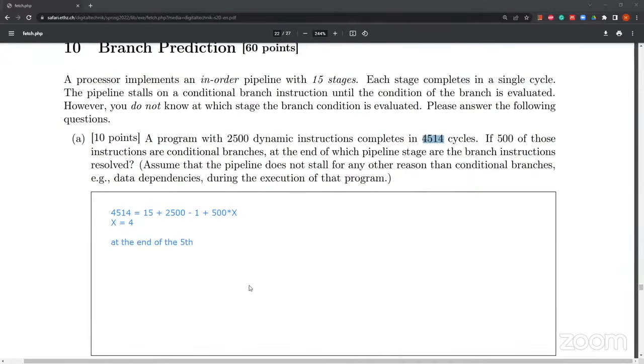So the easiest way to check whether it should be 4 or 5 is to think about the simplest case where the branches are resolved in the 1st stage, right? If the branches are somehow resolved in the fetch stage, then there will be no bubbles, right? So in the 1st stage, 0 bubbles.